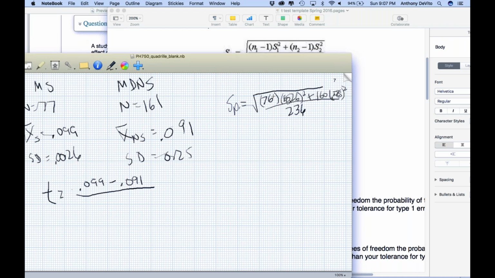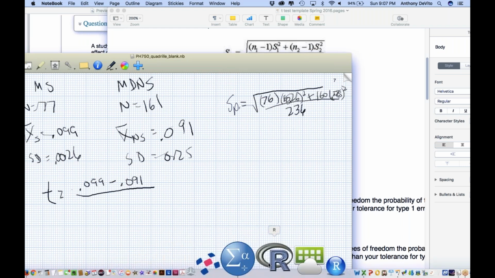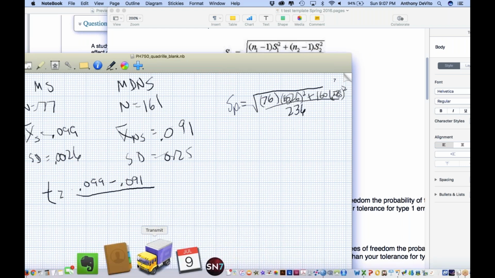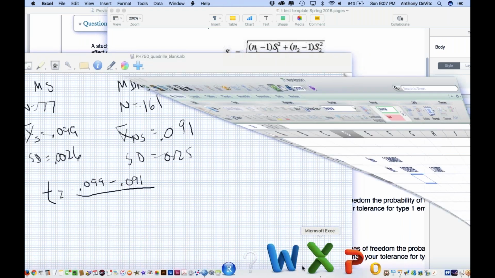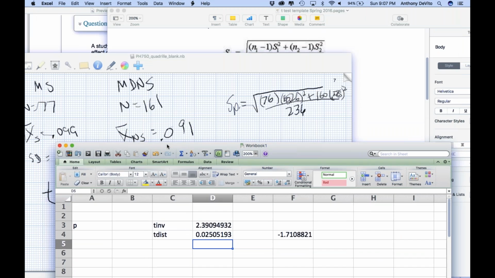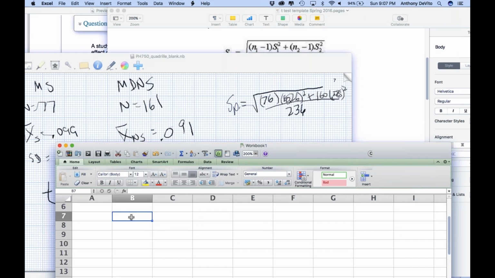Okay, let me calculate that. In order to do this, I feel more comfortable with Excel because I think I can do it a little bit quicker. So this top part is going to be equal to 76 times 0.026 times 0.026.